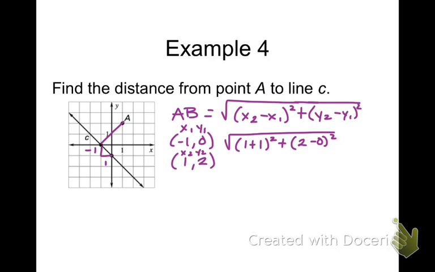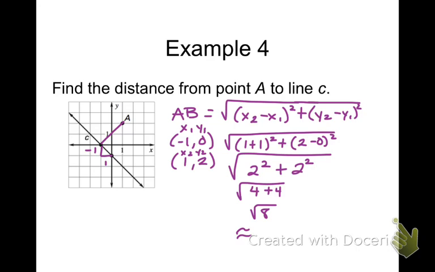So 2 squared plus 2 squared is 4 plus 4, which is 8. For now, we're just going to round it to the nearest tenth. So the square root of 8 is about 2.8 units would be the distance that point is from A.